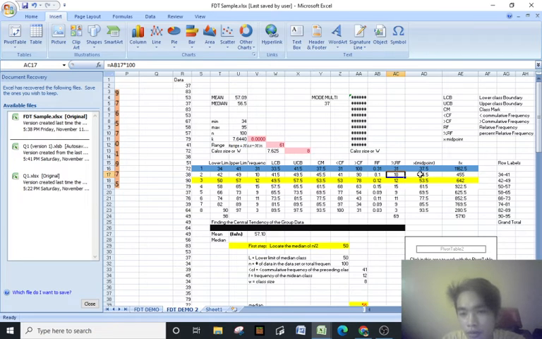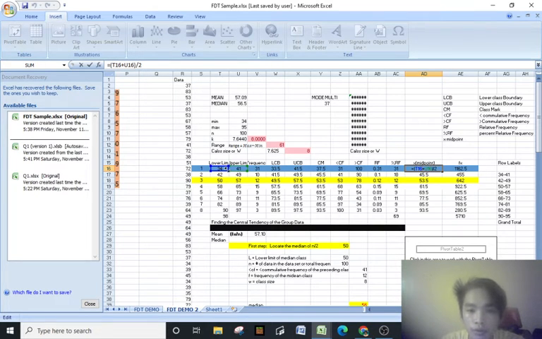To get the x midpoint, you must add the lower and upper limit and then divide by 2. So lower and upper limit, 34 plus 41 divided by 2, generates 37.5, also the same as the others. Next is the fx.